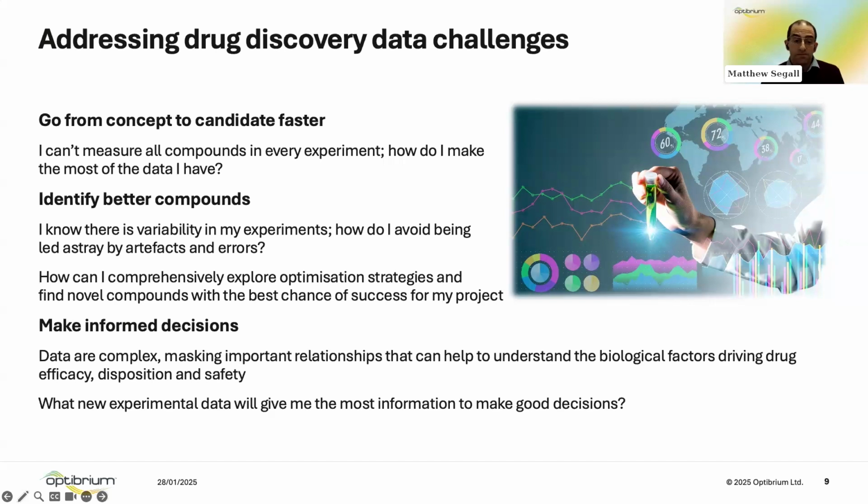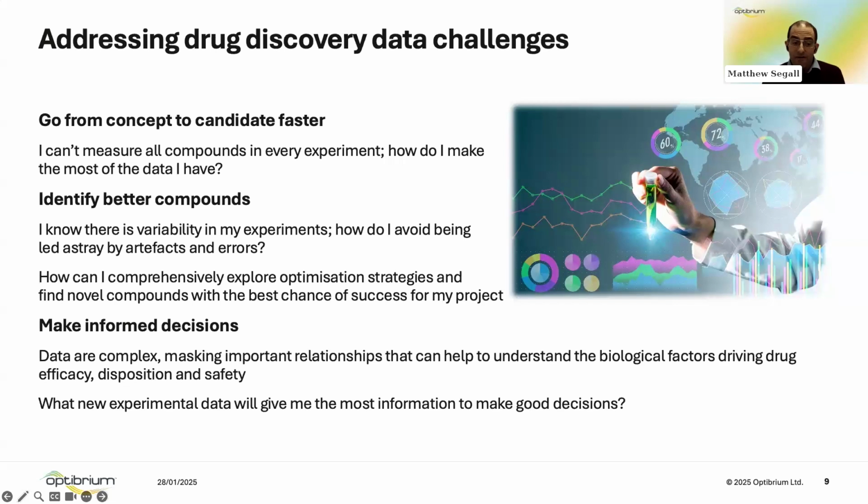And we'd like to explore as many optimization strategies as possible in the search for the sweet spot in chemical space where we're going to find novel compounds with the best chance of success for my project. And along the way, we want to make informed decisions. We'd like to understand what's driving the efficacy, disposition, and safety of our compounds.